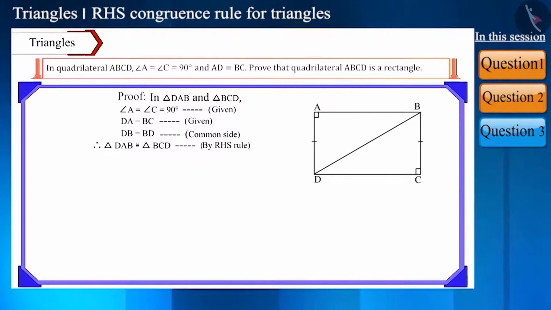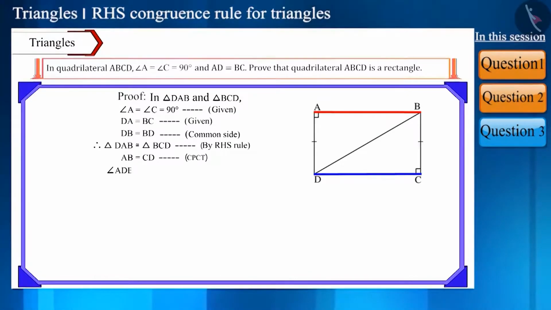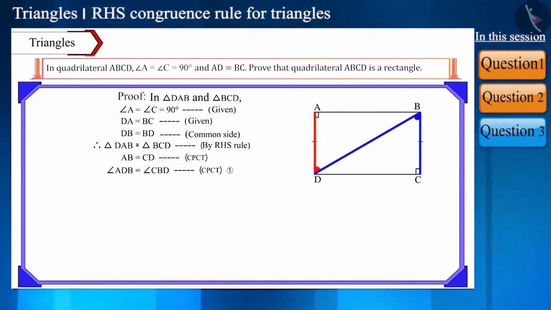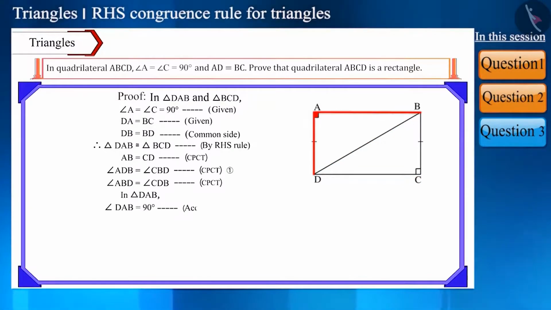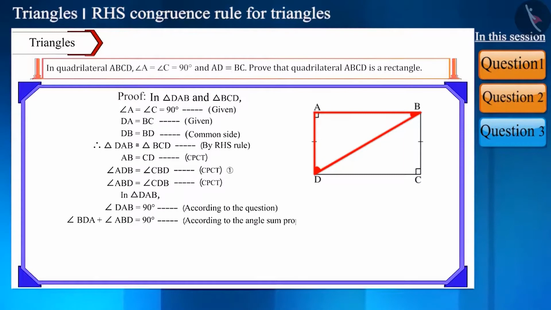This means side AB will be equal to side CD, angle ADB is equal to angle CBD, angle ABD is equal to angle CDB. Now if we look at triangle DAB, angle DAB is equal to 90 degrees. So by the angle sum property of a triangle, angle BDA plus angle ABD is equal to 90 degrees.